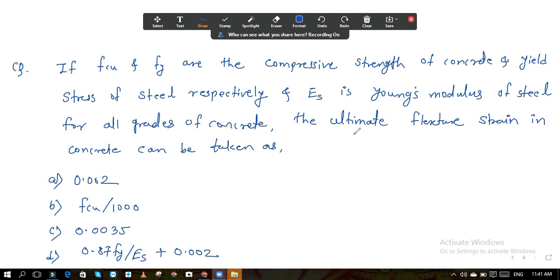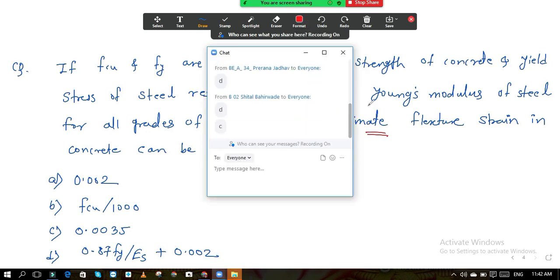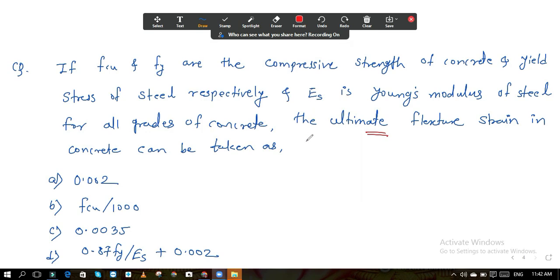They have asked us the ultimate, ultimate means maximum. Now answer is C. A. So A, what answer did you give, C, D, then only B remains. B is not the answer at all, you can tell just by looking. Okay, so answer is in between A, C and D.